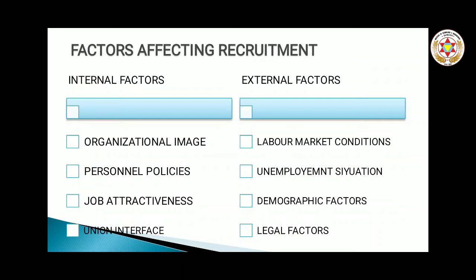That is all job attractiveness. Then union interface, that is the trade union interface in the organization.